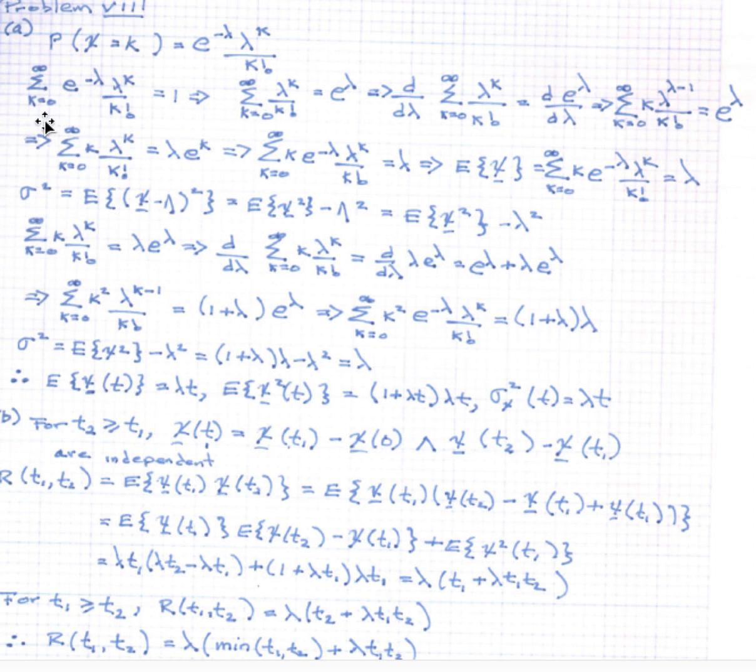Now, knowing that we have the summation from k equals 0 to infinity of e to the minus lambda, I'm sorry, it's not e to the minus x, it's e to the minus lambda, times lambda to the k over k factorial, and all of this equals 1 with certainty.